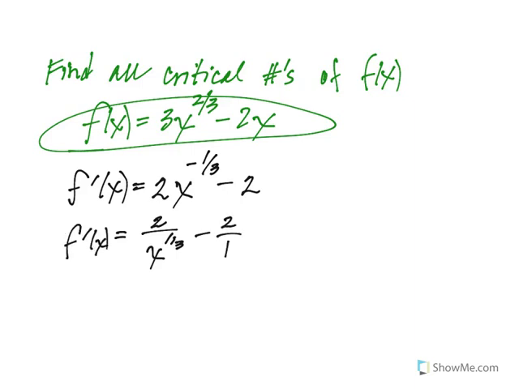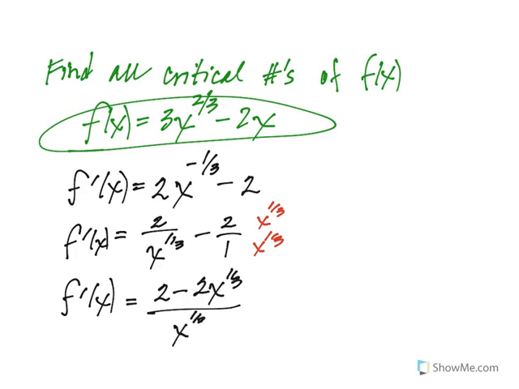This, again, is f prime of x. All right, let's get a common denominator here. I'm going to multiply the second one by x to the 1/3 in the top and in the bottom. And that's going to give me f prime of x equals 2 minus 2x to the 1/3, all over x to the 1/3.